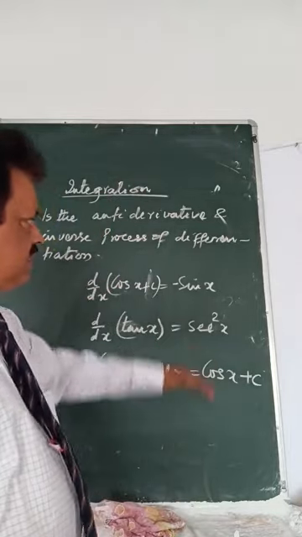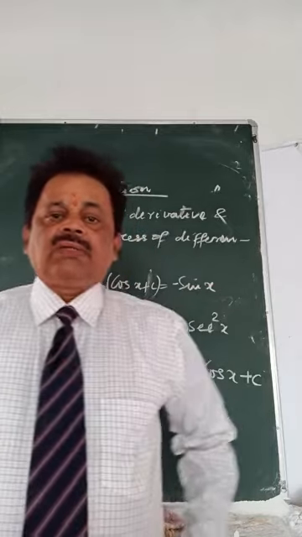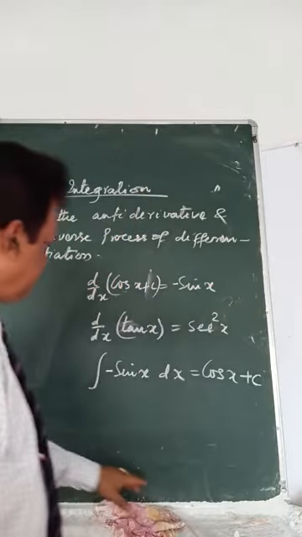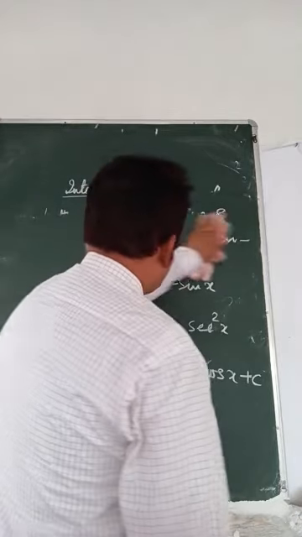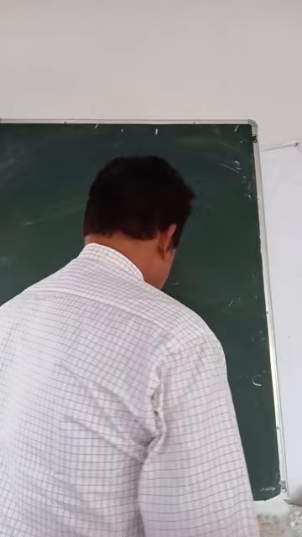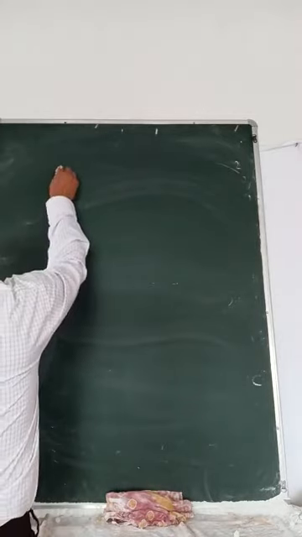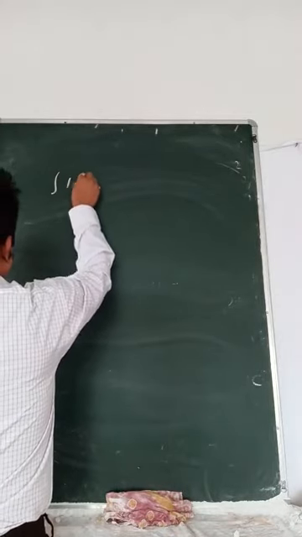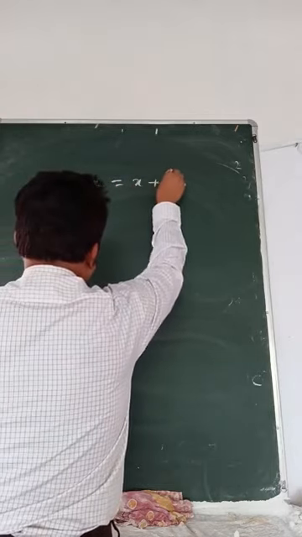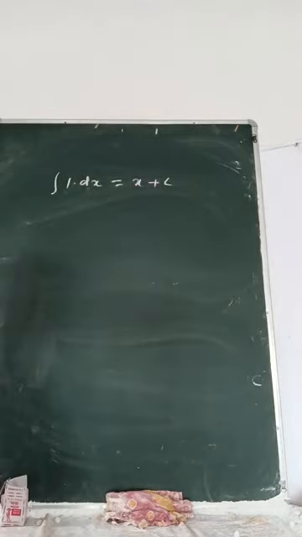So whatever differentiations we have done, we will use to find the antiderivative. Antiderivative means, let's write down those formulas. Integration of 1 dx, meaning only dx, is x plus constant of integration.